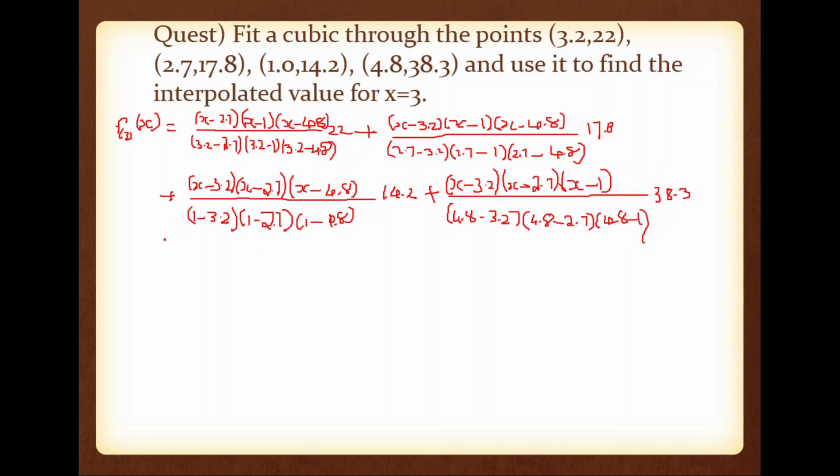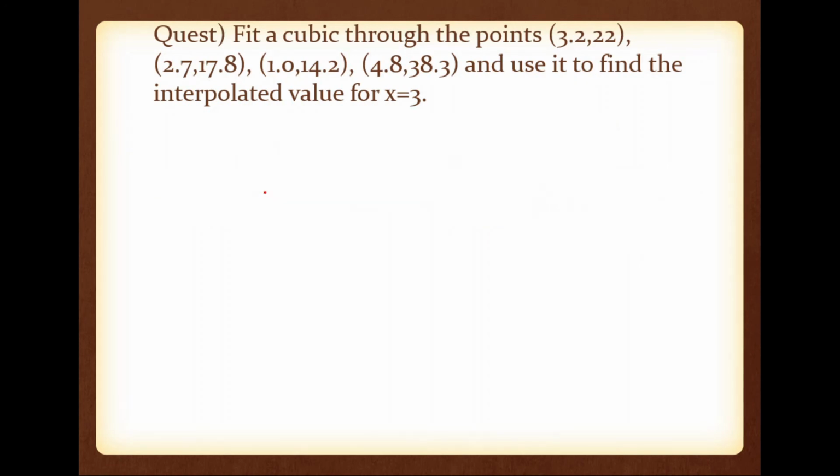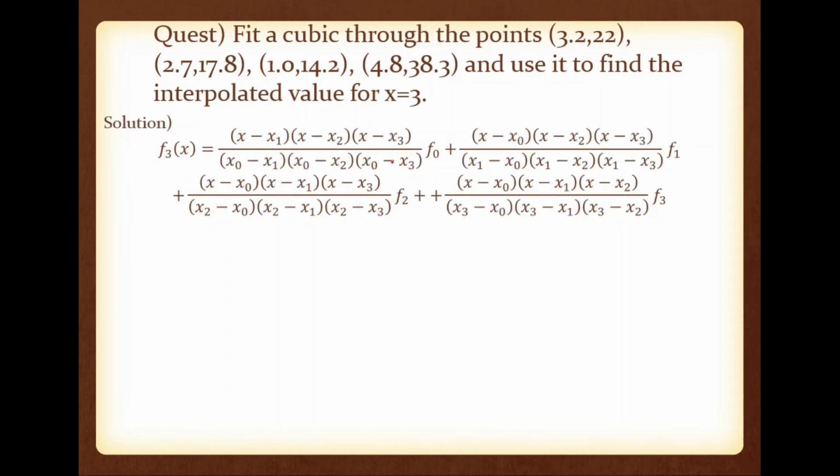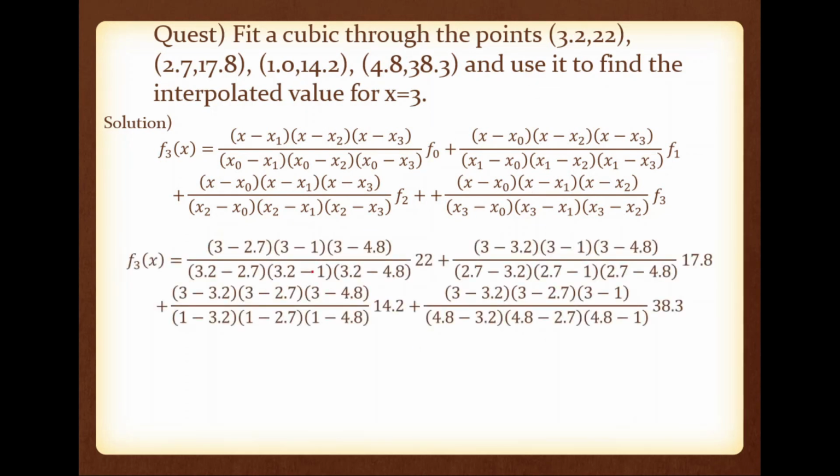So how did we do this one? This one is an interpolation function, a third degree polynomial that we discussed in the previous slide. So we substituted x0, x1, x2, x3 into this equation, and f0, f1, f2, f3. So we have this one that we derived earlier, right? So here what is the difference? In the previous case I had derived the interpolation function.